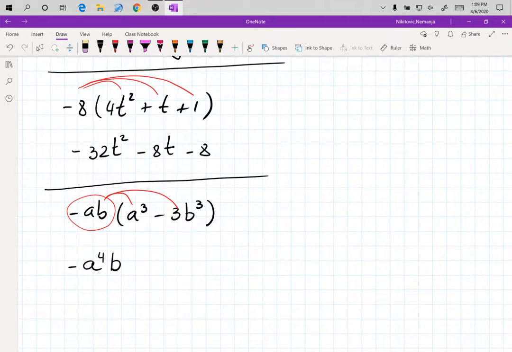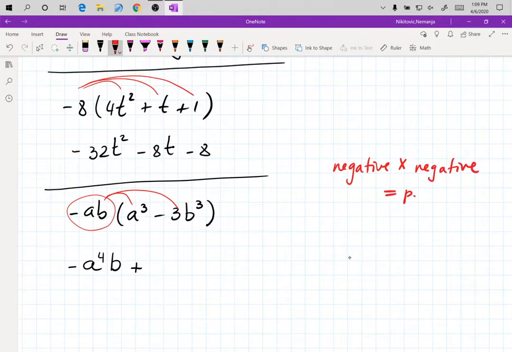Now, next one is negative times negative is positive. So we have a negative over here and a negative over here. Negative times negative is positive. I should write that on the side just in case. So negative times negative equals positive, right? So that's why we have this plus here.